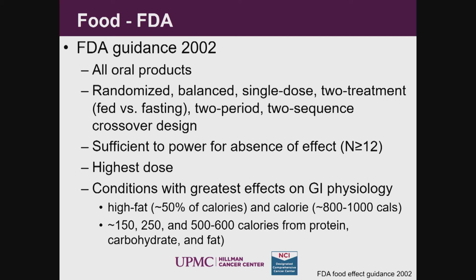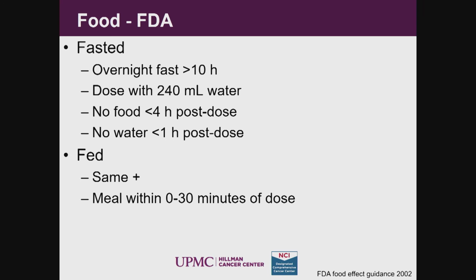And so even the meal has been described pretty clearly. The design in general for the fasted piece is an overnight fast for at least 10 hours, dosing the highest dose with 240 mL of water, and no food until 4 hours post-dose, and no water until 1 hour post-dose.